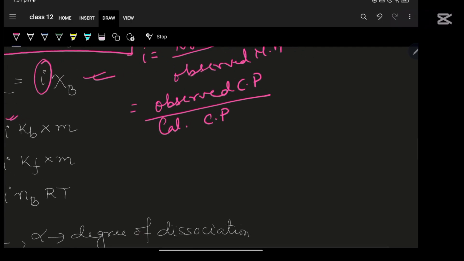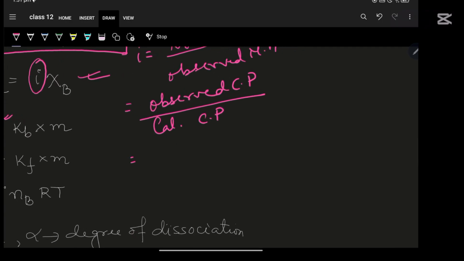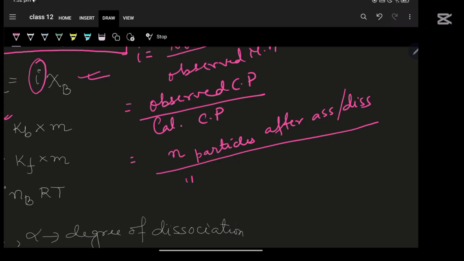Or you can also say i is equal to the number of moles of particles after association or dissociation, divided by number of moles of the particles before association or dissociation.